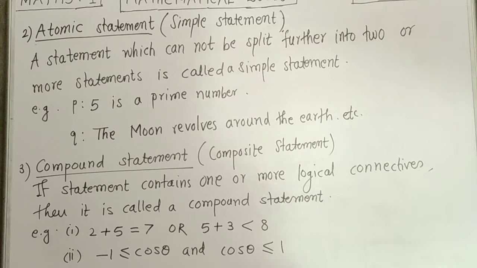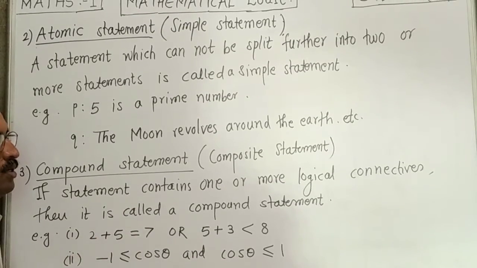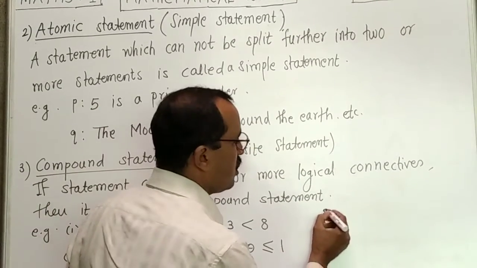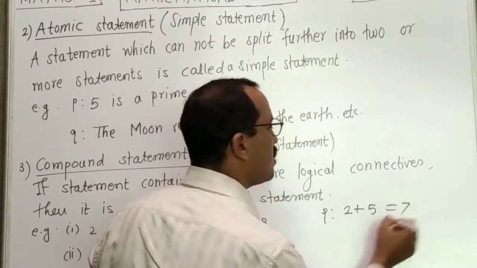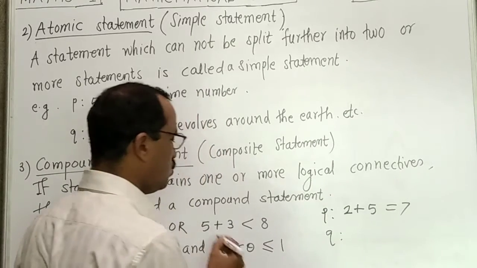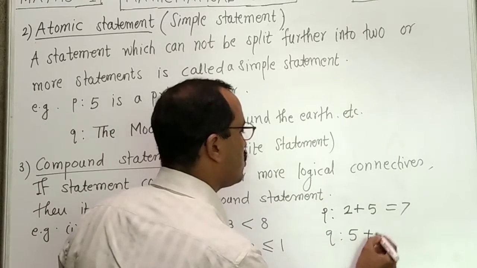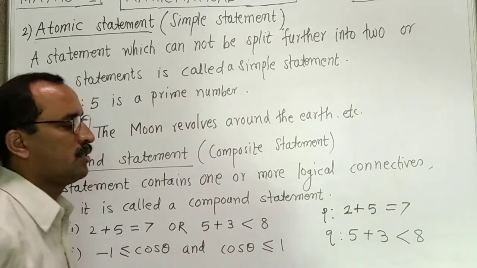In compound statement, the first example is 2 plus 5 is equal to 7. If I write the statement P as 2 plus 5 is equal to 7, and the second statement I write as Q, 5 plus 3 less than 8. These are two statements.